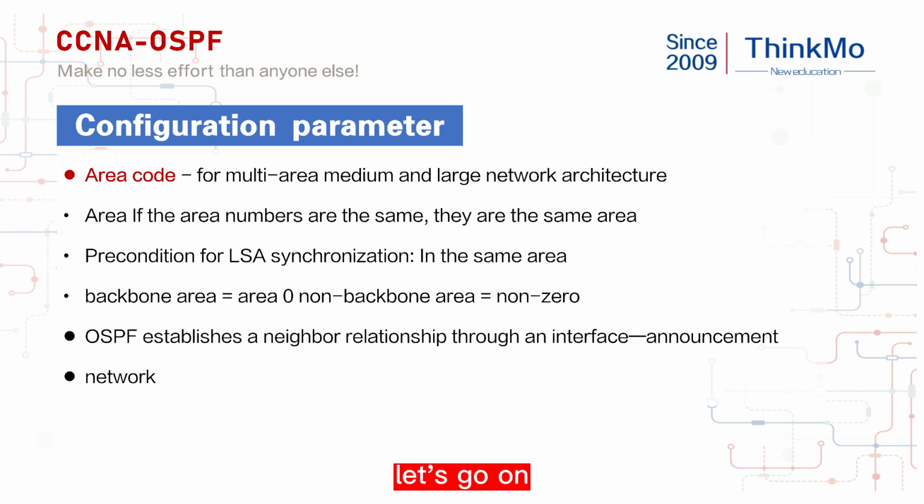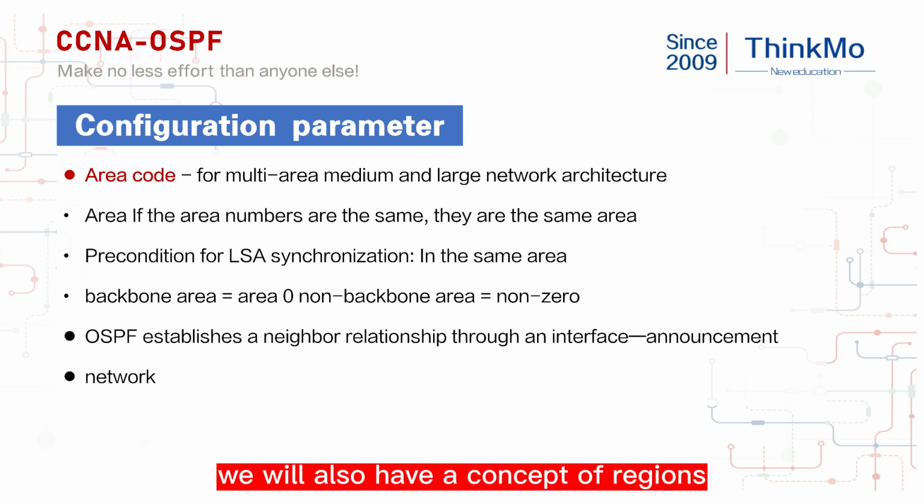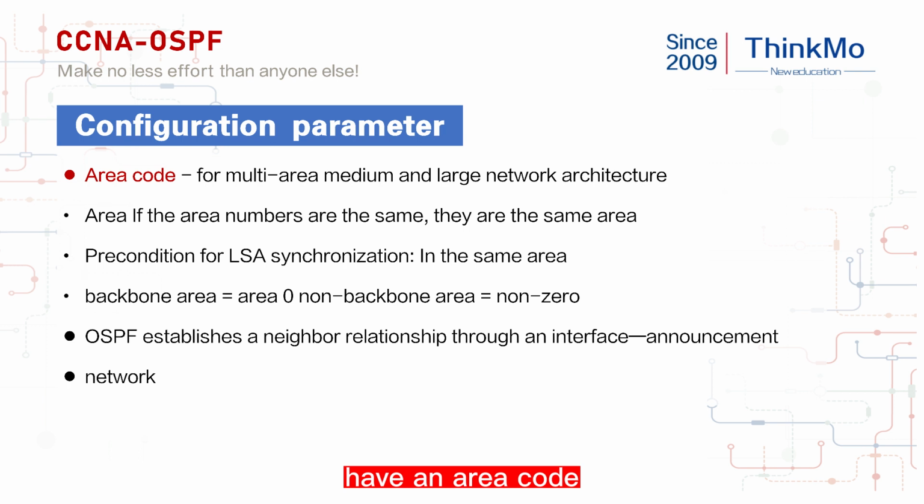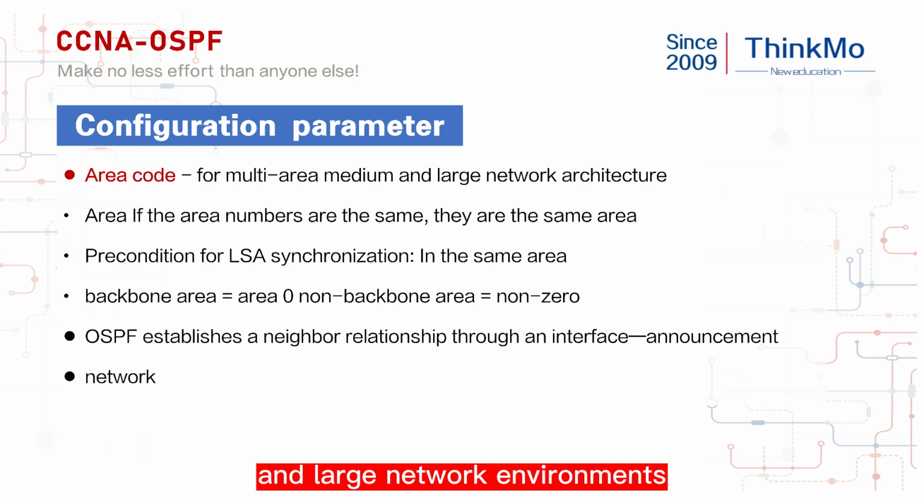Okay, let's go on. There are other key parameters. We'll also have a concept of regions, which I just mentioned to you: the area ID. First of all you need to know OSPF itself is multi-area oriented, because it is aimed at medium and large network environments.